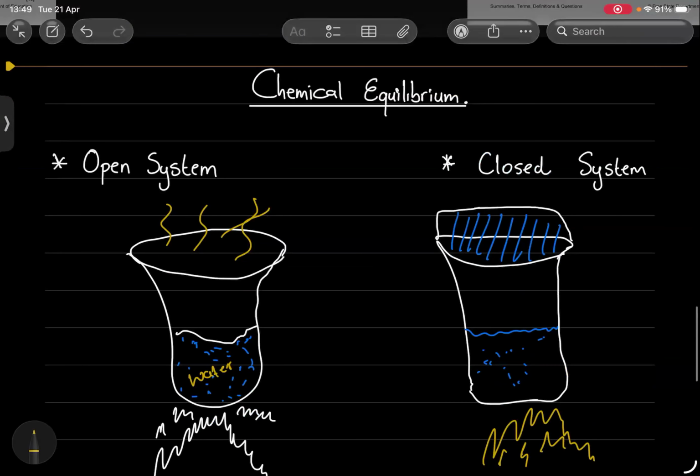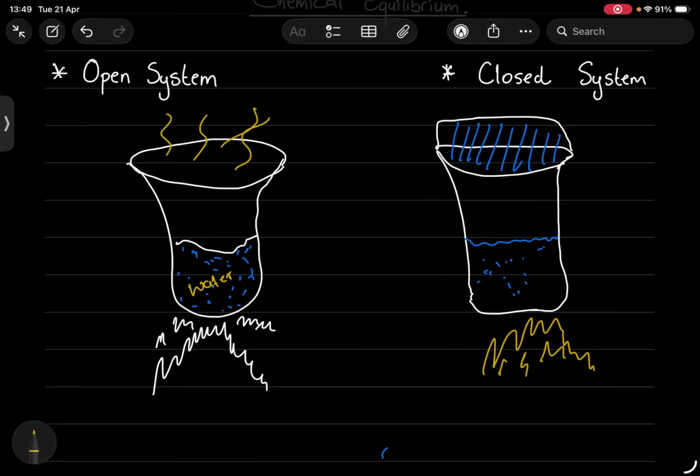So would you say that this type of a reaction is reversible? No, sir.